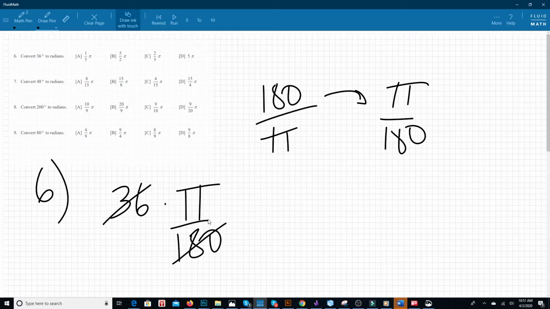So we're going to be left with 1 pi over 5. So that one would be pi over 5 this time. Pi over 5. You get it?